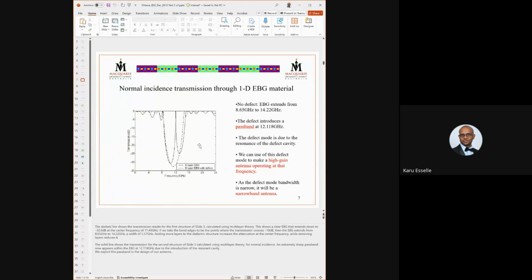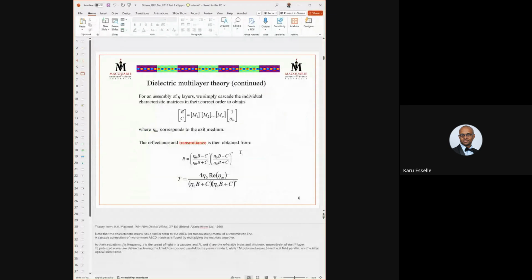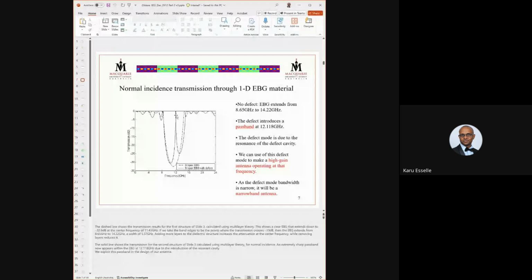Now what happens if you have a defect like this? The double cavity is a defect. When you introduce that defect, you see a defect mode within the band gap, at some frequencies giving good transmission again. This defect mode introduces a pass band, in this case at 12.118 gigahertz. This defect mode is due to the resonance of the defect cavity.